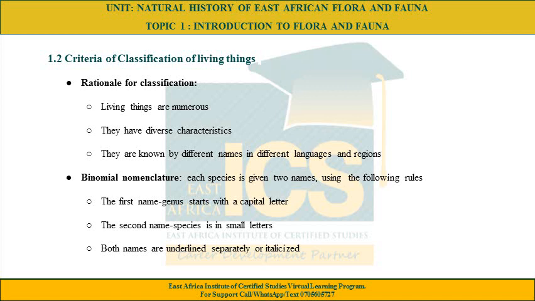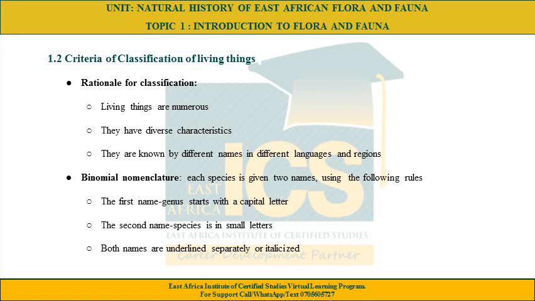The rationale for classification: living things are numerous, they have diverse characteristics, and they are known by different names in different languages and regions. We have binomial nomenclature. In this practice, each species of living organism is given two names using the following rules.